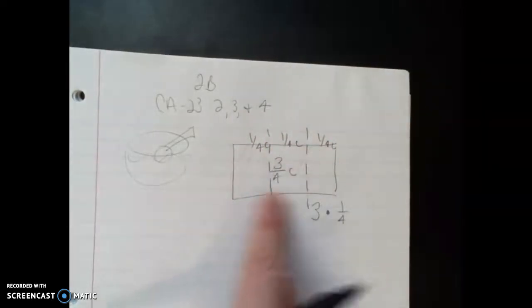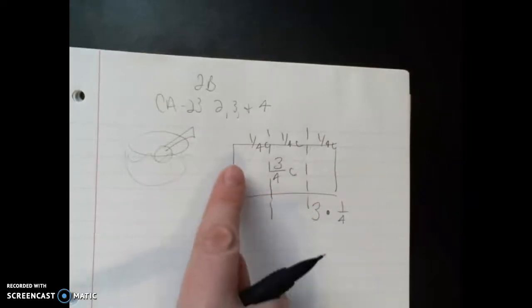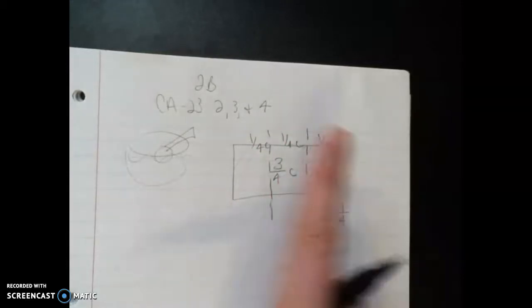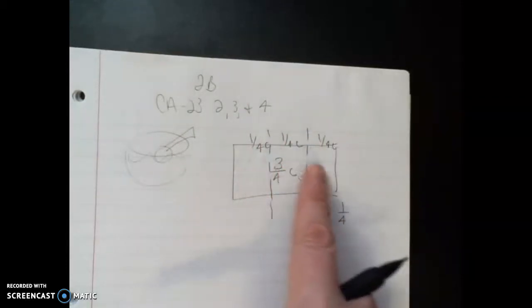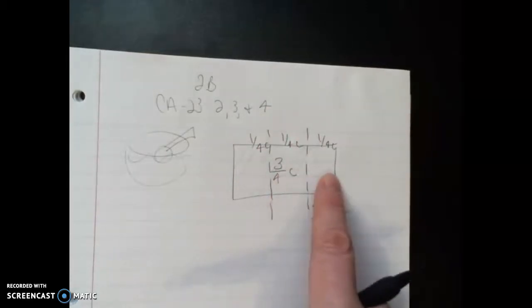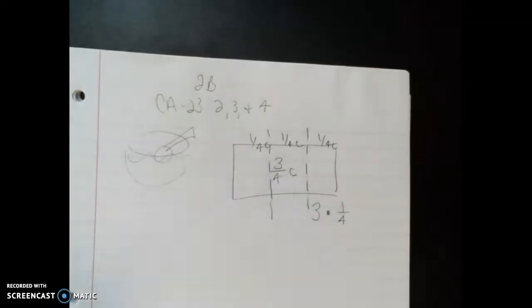And that would all add up to 3/4 cups. So how could he cut the dough? He could cut it into thirds, which would be 2 cuts. Remember, it always takes 1 less cut to make that number of sections. So if I want 3 sections, it takes 2 cuts to make 3 things. And so then 1/3 of the dough should have 1/4 of a cup of butter in it.